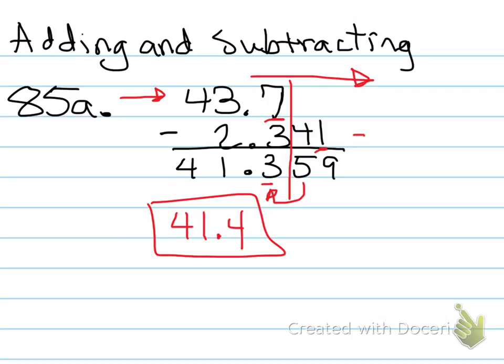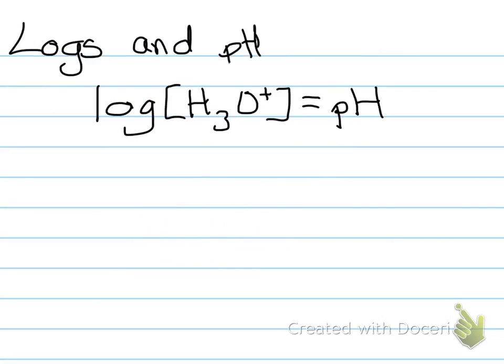So I want you to notice our least precise number goes to the tenths place. So our answer also goes to the tenths place. Okay, it can't be any more exact than the tenths place. And that is true with addition as well. Addition is the same thing. At this point, you can stop the video and rewatch it when we do acids and bases.